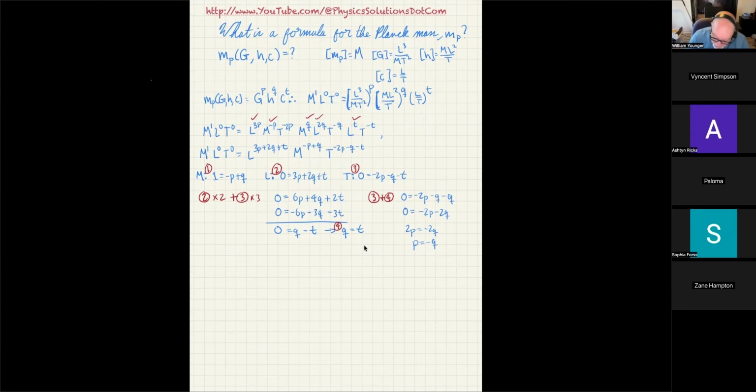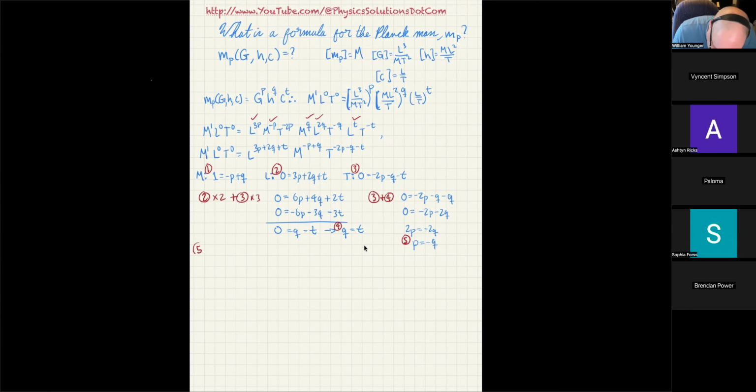So now I've got another expression. I'm going to call that equation 5. So P is negative Q and Q is T. So we know they're related in some way. I can take 5 and plug it in 1.